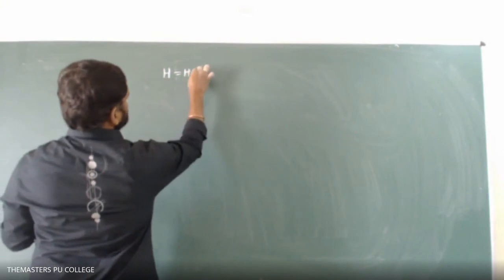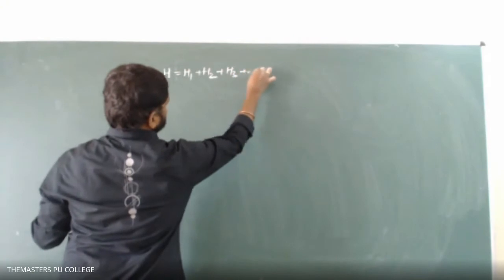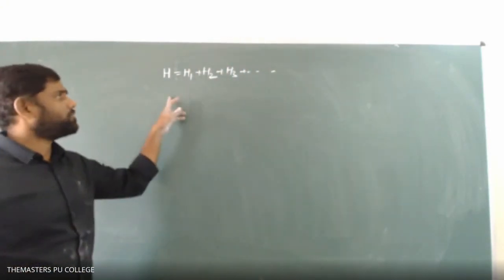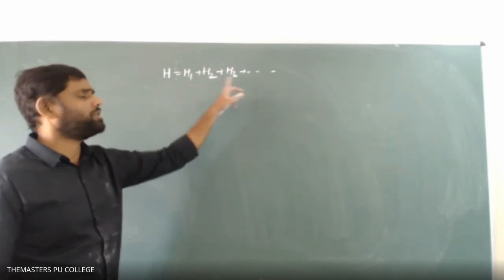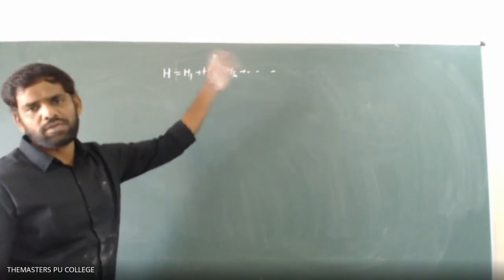So H equals H1 plus H2 plus H3 and so on. In parallel combination, the net flow of heat is equal to the sum of the heat flow from each.